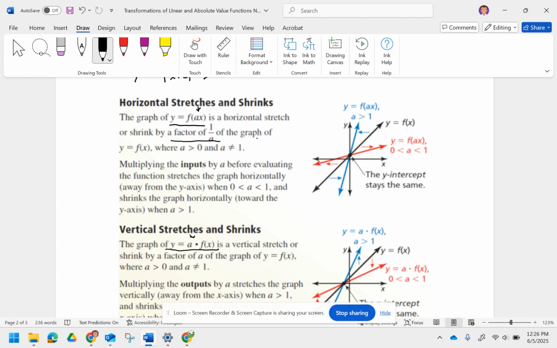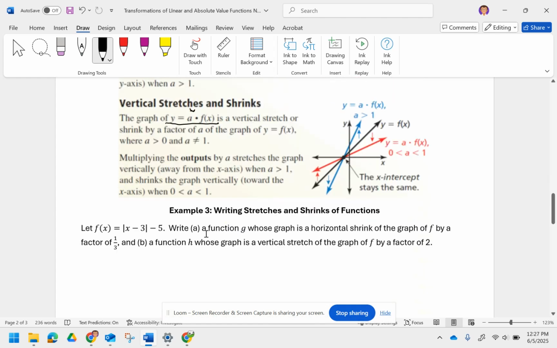Now, if a is greater than 1, notice it created a horizontal shrink. Things moved inwards. Whereas when a was some number between 0 and 1, that moved it outwards. So it created a horizontal stretch.